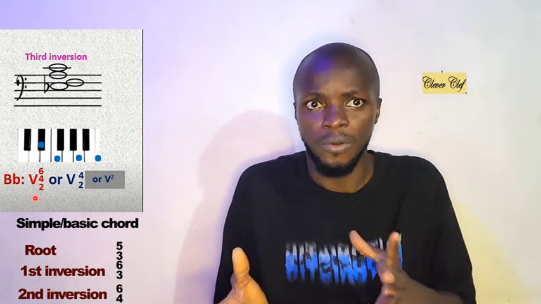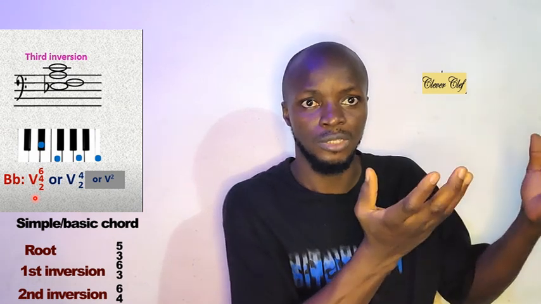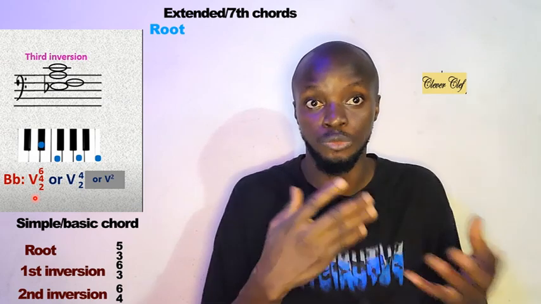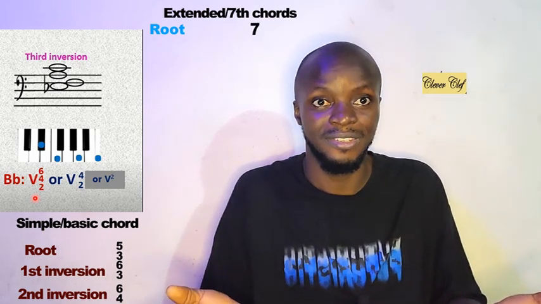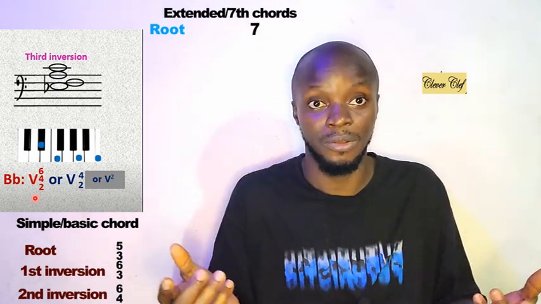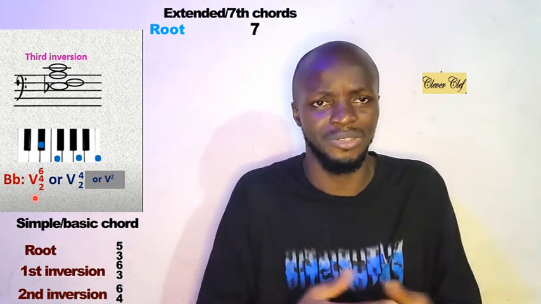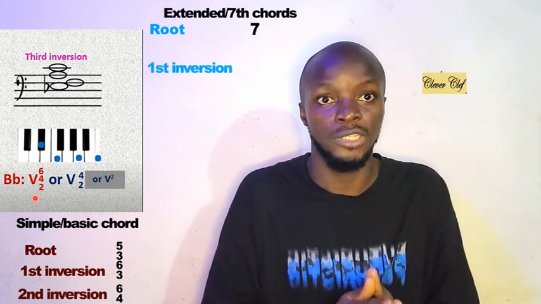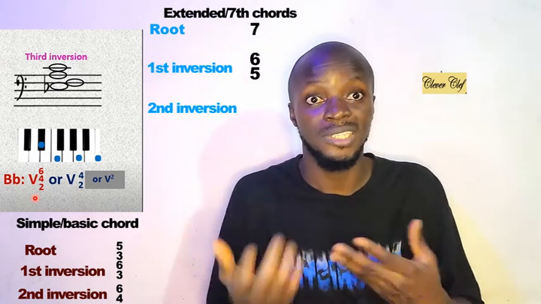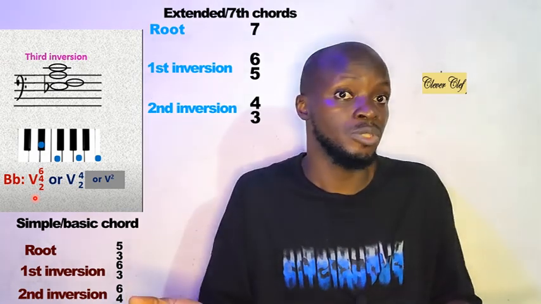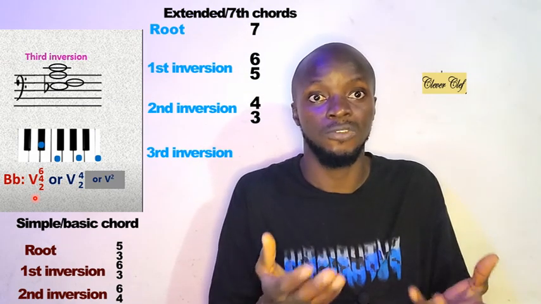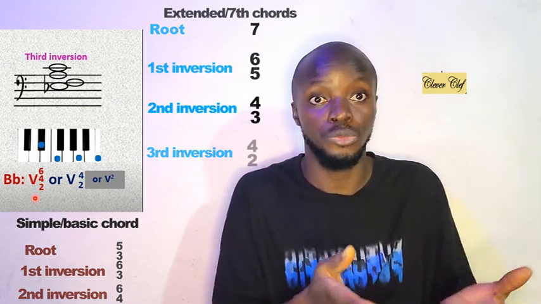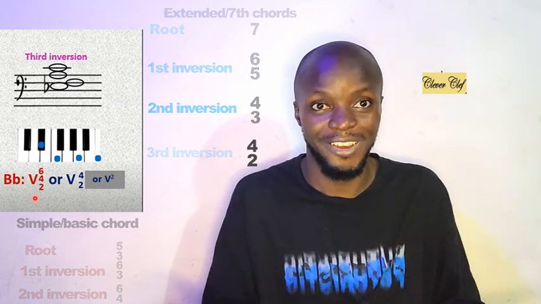Now, when you progress into extended chords, the root position of a seventh chord is simply 7, that is the 7-5-3 chord, or you can just call it the seventh chord. The first inversion of the seventh chord is 6-5, the second inversion is 4-3, and the third inversion is simply 2 or 4-2.